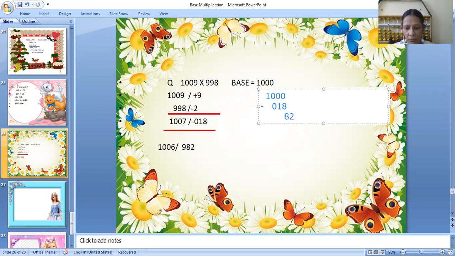Okay, so then you will get here 9. So you will get it like this. Okay, when you will do the subtraction from 1000 minus 018, you will get this 982. So I have written this 982 here, and now I hope you have explained it very well.